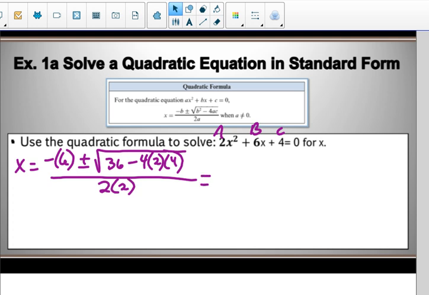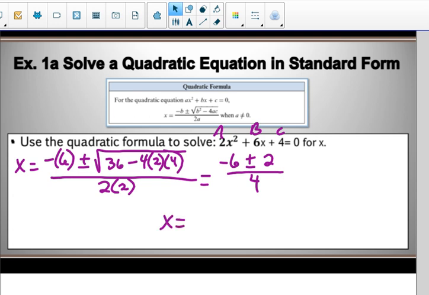If I were to simplify this, I have negative 6 plus or minus the square root of 36 minus 4 times 2, which is 8, 8 times 4 is 32. 36 minus 32 is 4. The square root of 4 is 2. And I have to divide all that by 4.